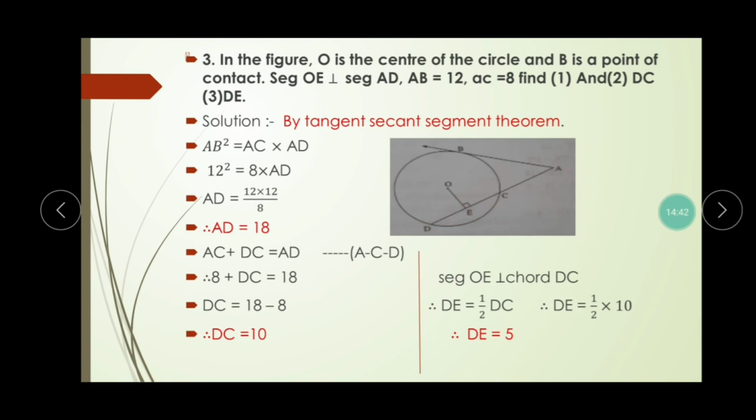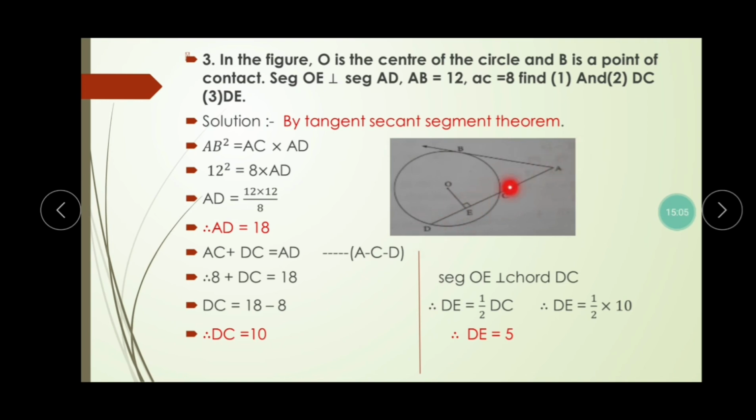So here the equation that we are going to get is, C lies between A and D, so it will be AC plus DC is equal to AD. Length of AD is 18, AC is 8. So 8 plus DC is equal to 18.